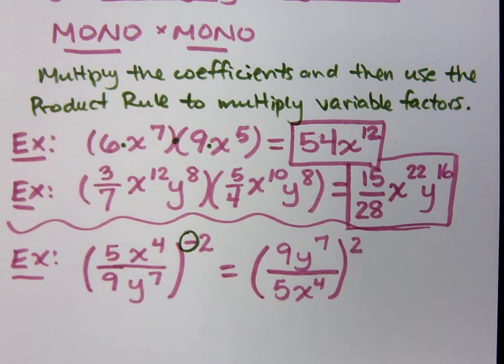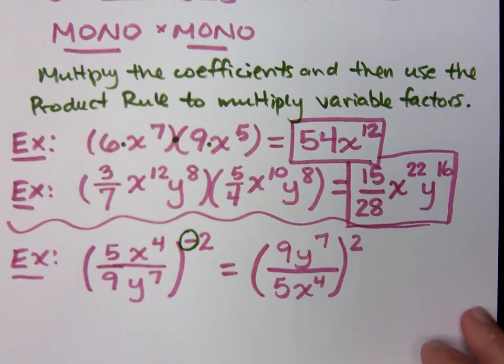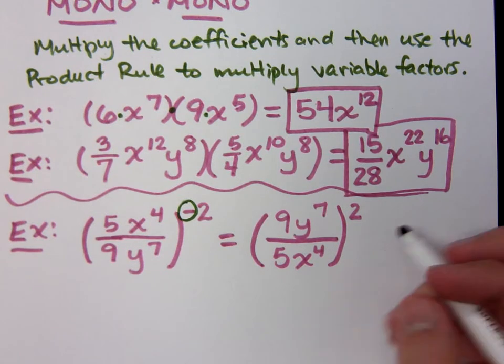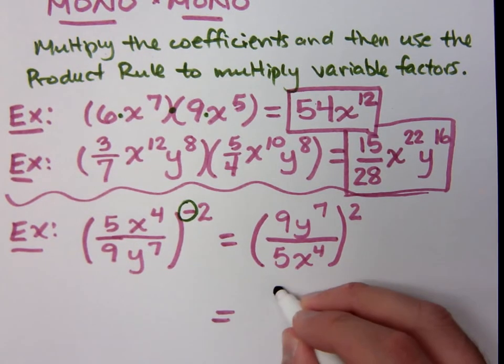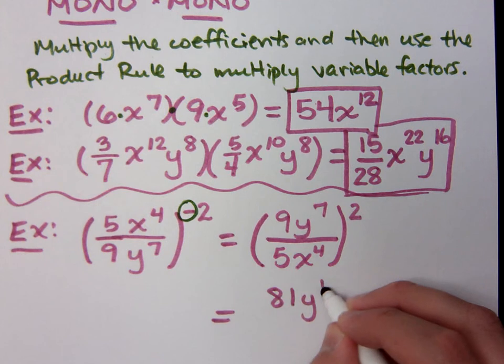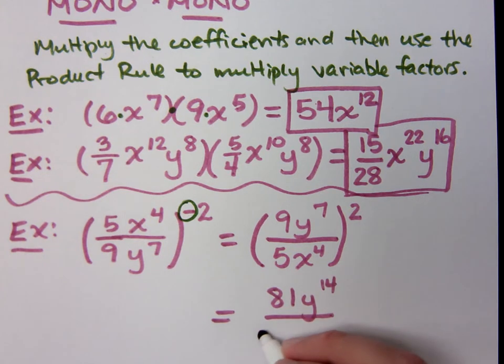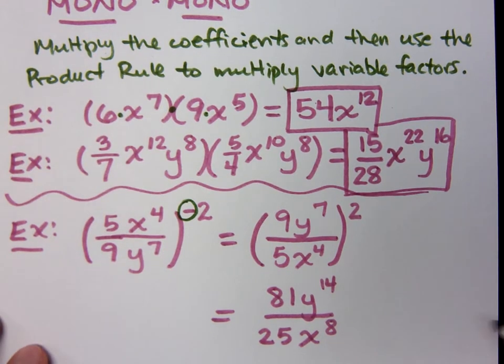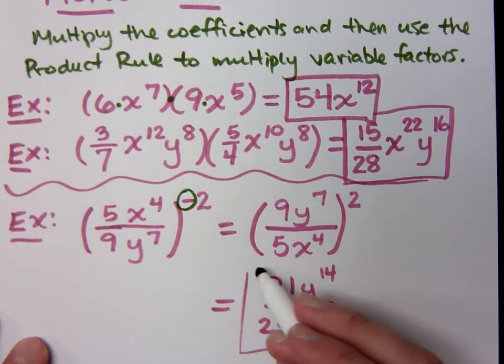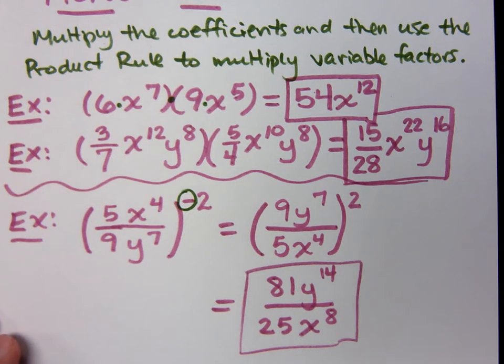Then you would just finish working this problem out, and you would get 81y to the 14th over 25x to the 8th. Do you agree?